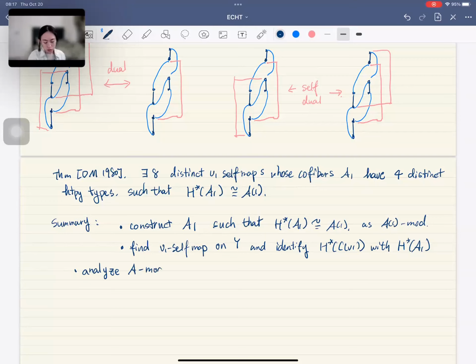But the algebra thing is easier to put hands on, so I think starting with the A module structure on the algebra is handy. Yeah.